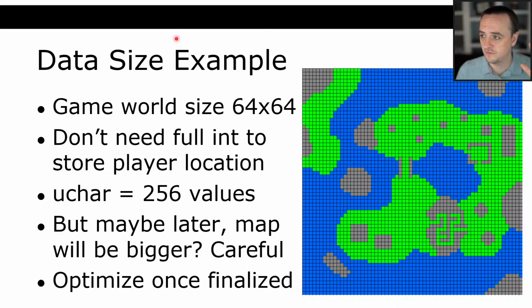Once your game is finished, like the spec of the game is finished, and you know what the maximum size of a map is, or the maximum size of the player's health, or whatever, then go back and start optimizing things. Don't assume from the start that you can use a char when you should have used an int or something like that. So that's just very, very basic data size, right? Like, don't use gigantic 8-byte values where 1 byte might do.